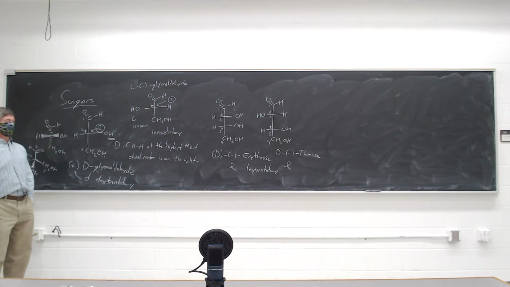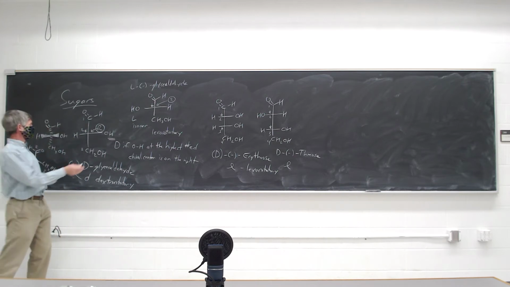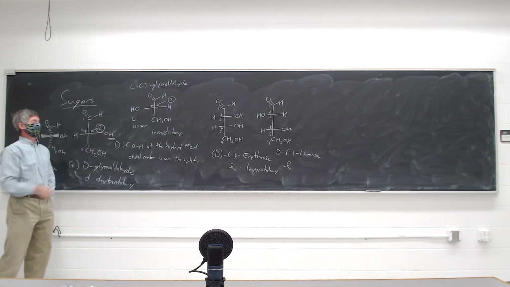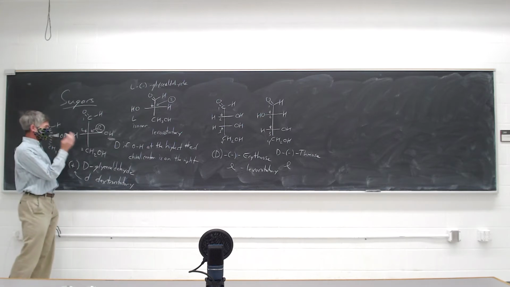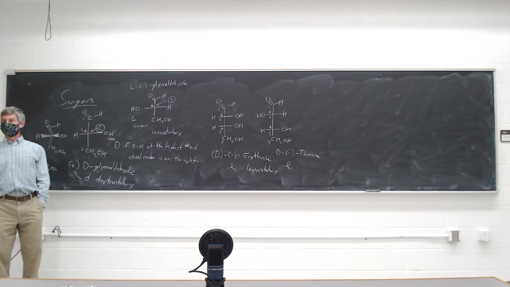There is only one stereocenter, so what is the stereochemical relationship between capital D glyceraldehyde and capital L glyceraldehyde? What kind of isomers are they? They're enantiomers, right? And enantiomers always rotate plane polarized light by the same magnitude but in opposite directions.